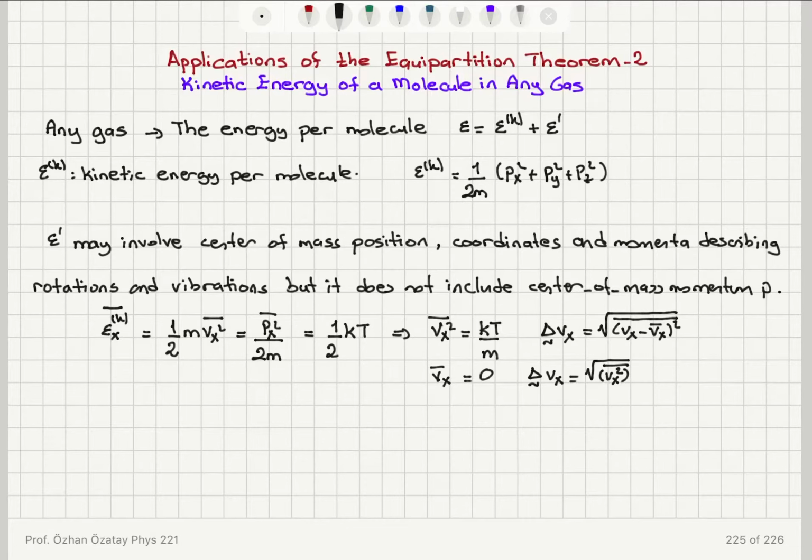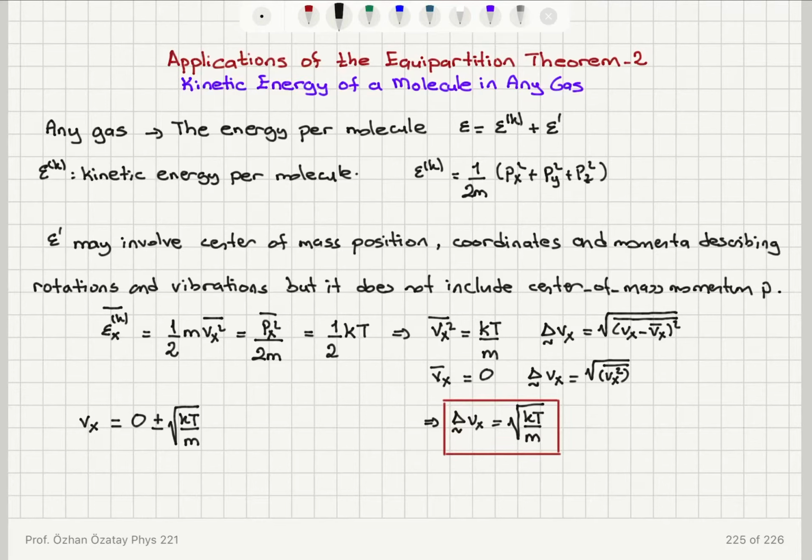And since Vx square bar is kT over m, we will find that the standard deviation in Vx is going to be the square root of kT over m. So this calculation allows us to account for the standard deviation in Vx. Most probable values of Vx will lie in this region, 0 plus or minus the square root of kT over m.